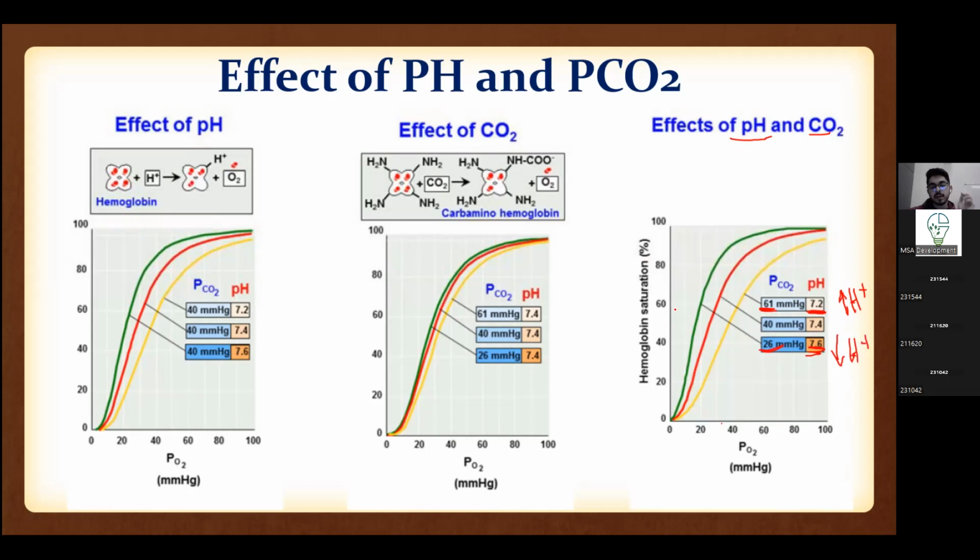We just discussed how: CO2 plus H2O are going to give H plus, and this H plus is going to cause the acidosis that's decreasing the pH. So are we good for pH and CO2? Should I repeat anything?